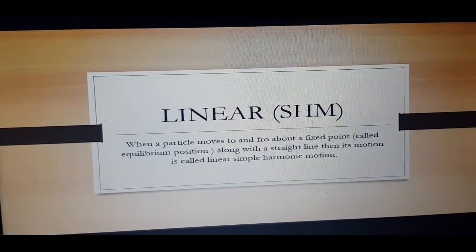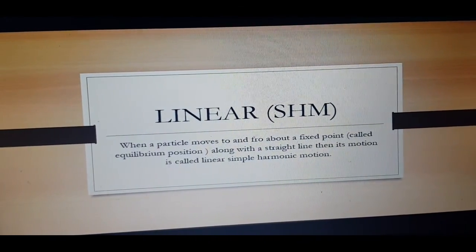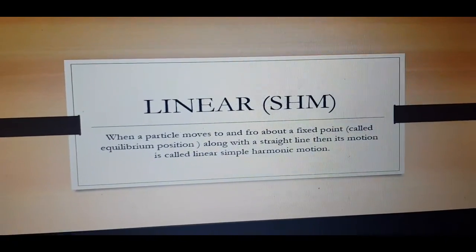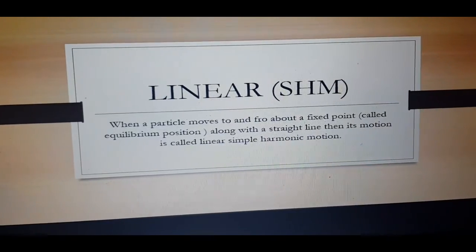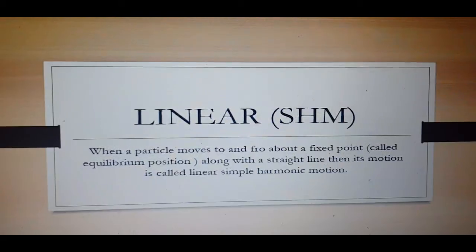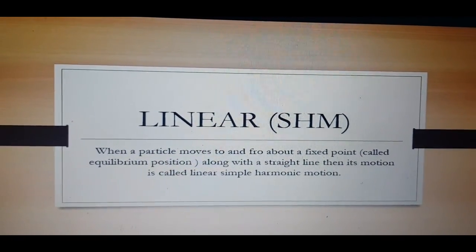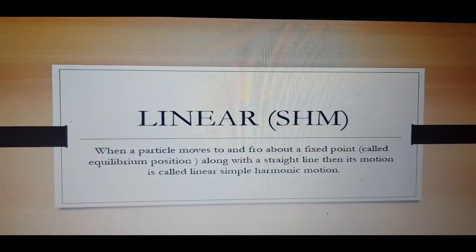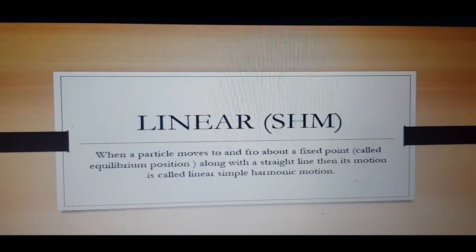A fixed point is a place where we put our object, as I showed you in the previous slide. This fixed point is called the equilibrium position, along a straight line. Then its motion is called linear simple harmonic motion.